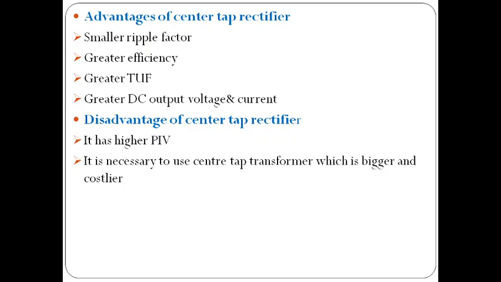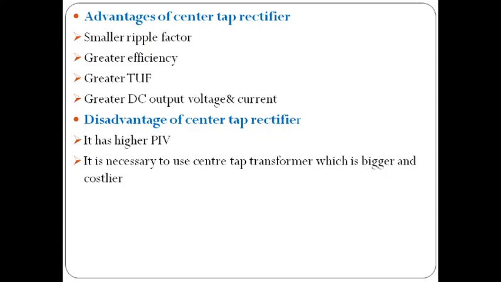So these are the two disadvantages in this center tap rectifier: the higher peak inverse voltage, and the use of a center tap transformer, which is difficult to make, large in size, and more costly.